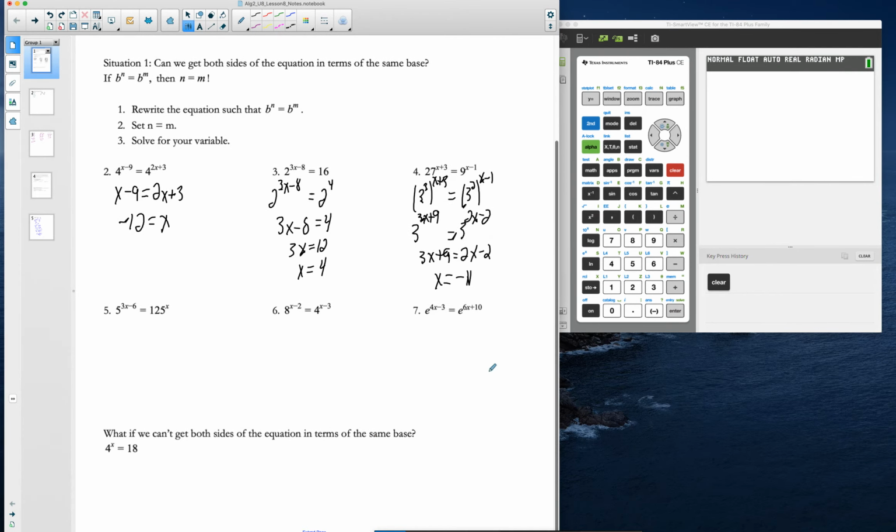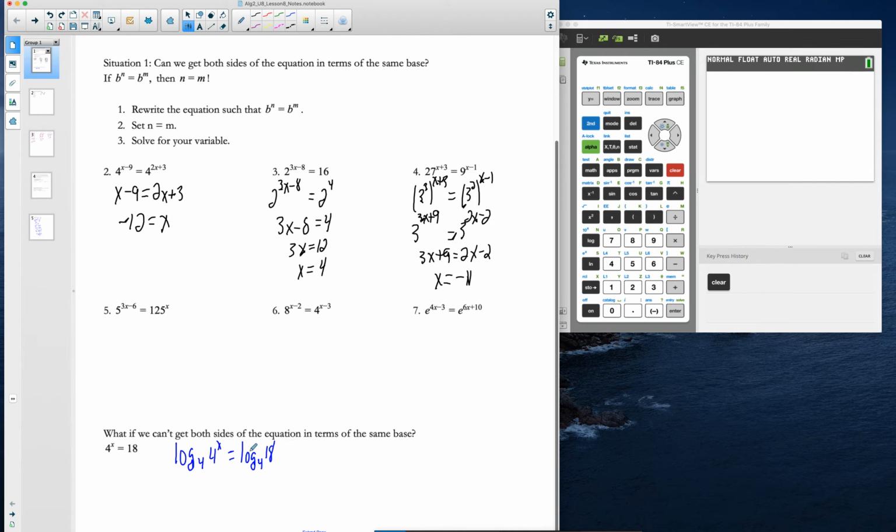So this is where what we did with finding inverses last time applies. If I want to solve for that x, I'm going to take the inverse of base 4, which would be log base 4 of both sides, much like what we did when we are solving for inverses. And that would equal log base 4 of 18.